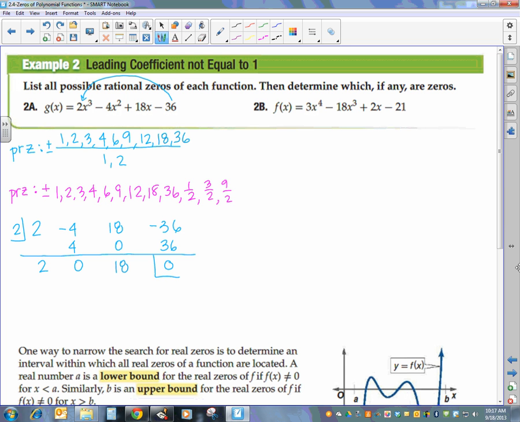And this becomes 2x squared plus 18, which, whether you set it equal to 0 and solve or look at the graph, again, has no rational zeros. So the zero that I have to answer the question is just 2. I only have 1.